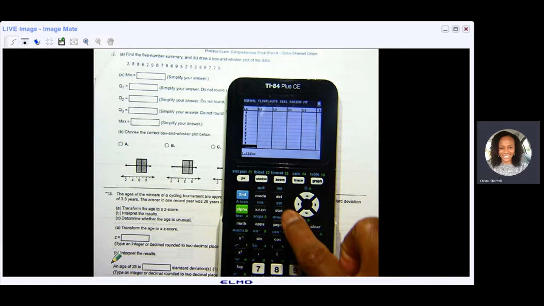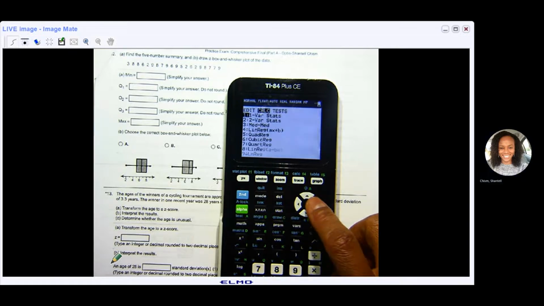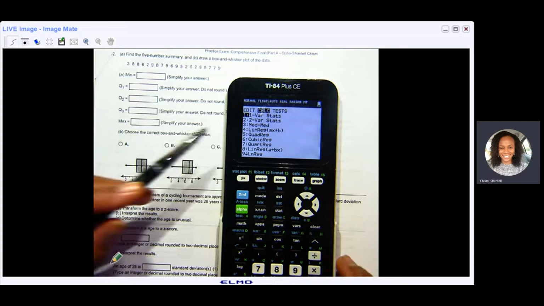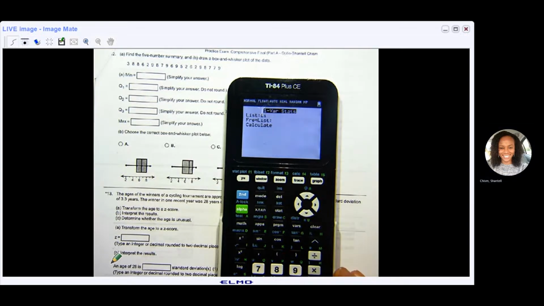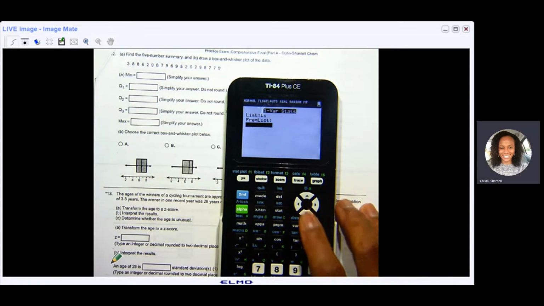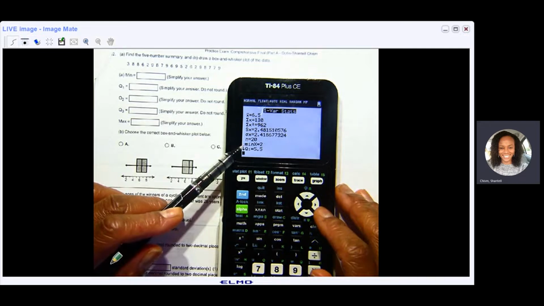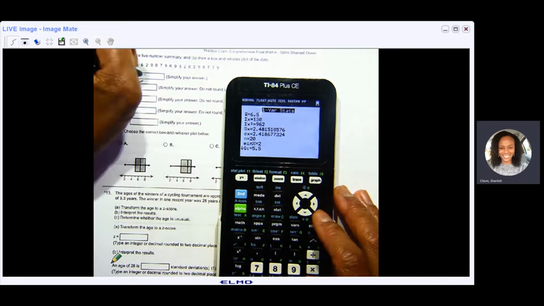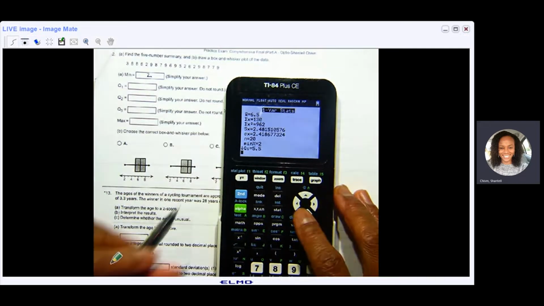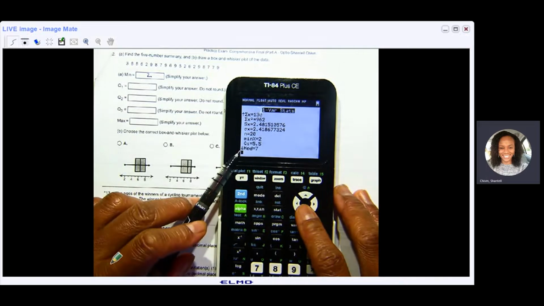After you put them into your list, you press Stat, go over to Calc, and it's number 1 still. Go down to Calculate. You can see the minimum right there. Minimum number is 2. The smallest number in the data set is 2. Then if you arrow down, you can see the rest.